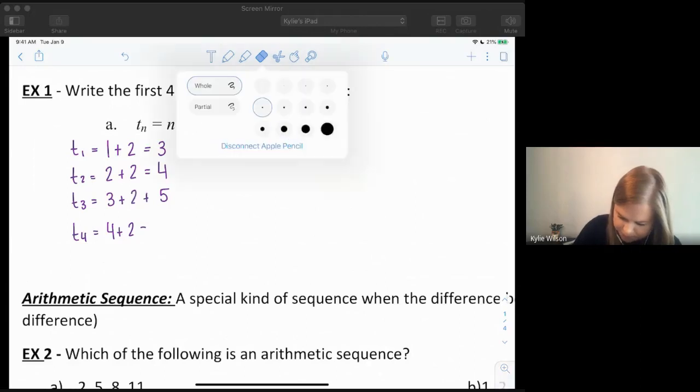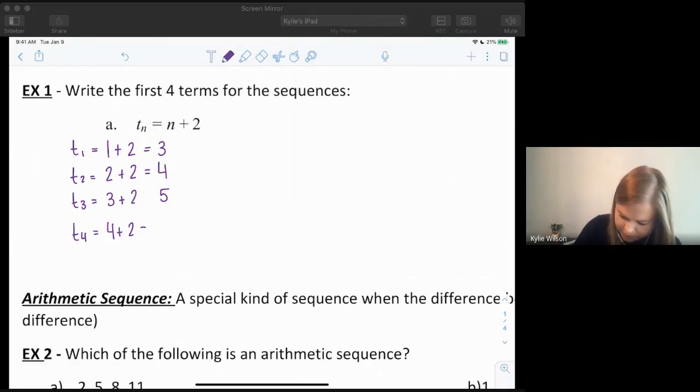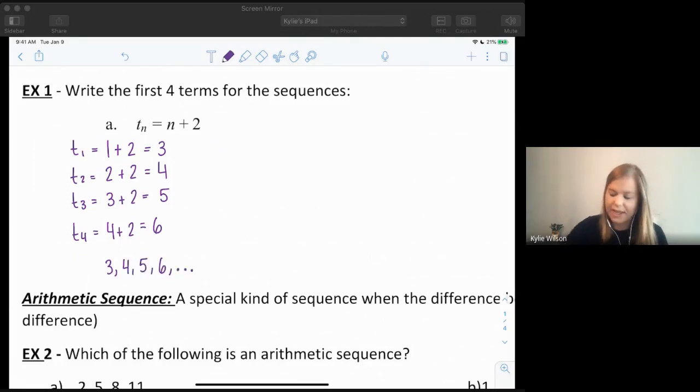There we go. So my first 4 terms would be 3, 4, 5, 6, and then it would continue on. And we write these little dots saying that it would continue on forever.